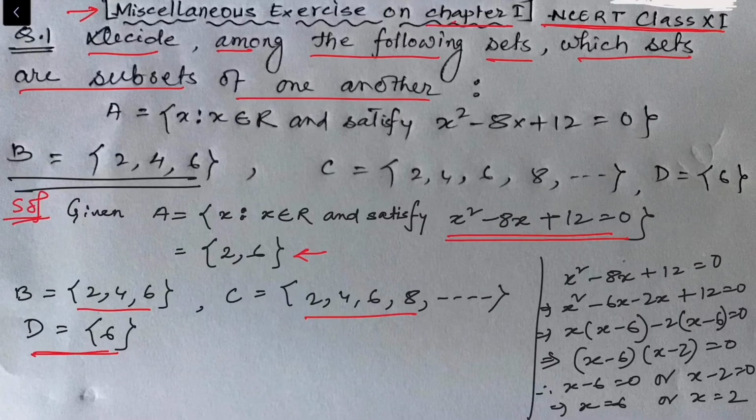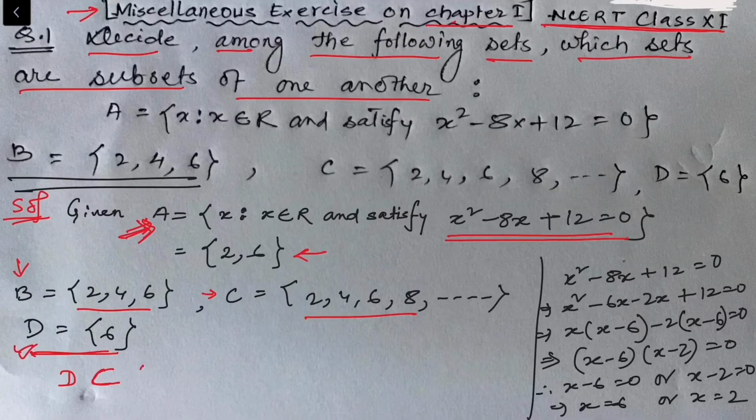So we can write D is a subset of, here you see, which set contains less elements other than D, set A. Okay, and D is a subset of set A.